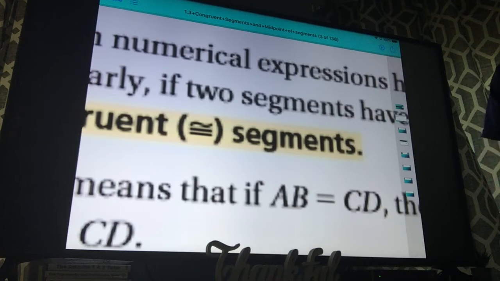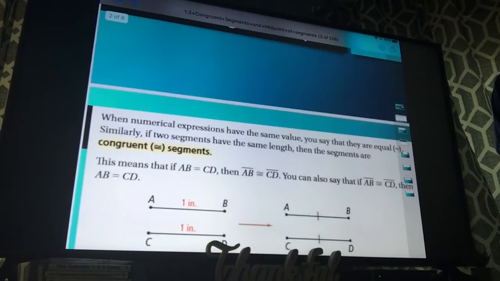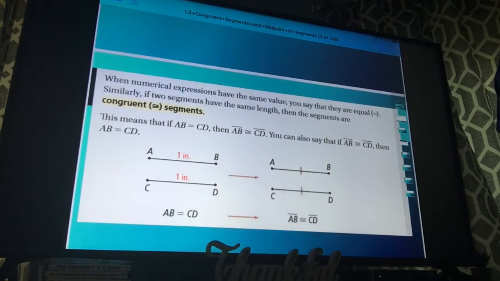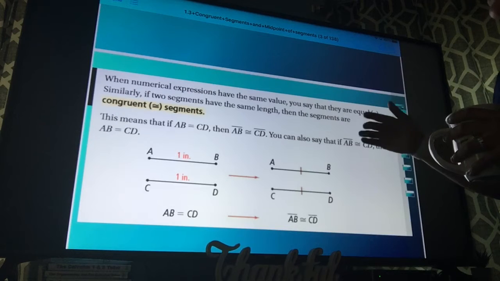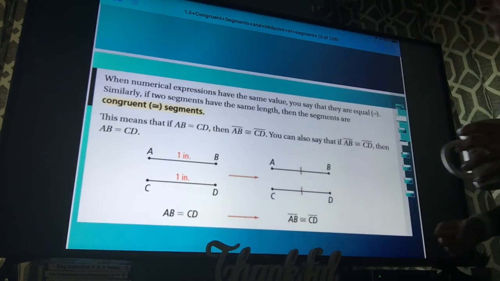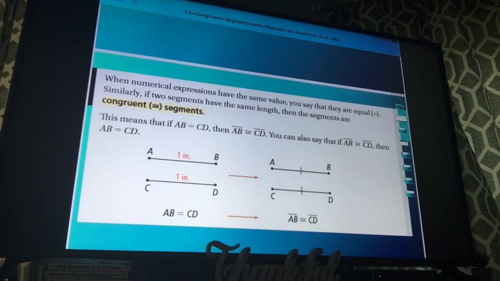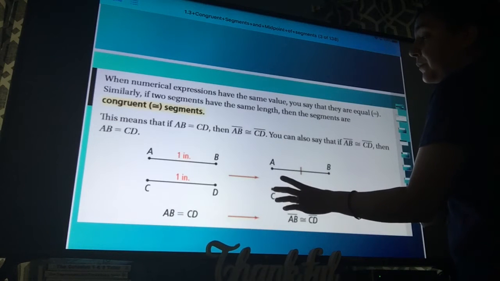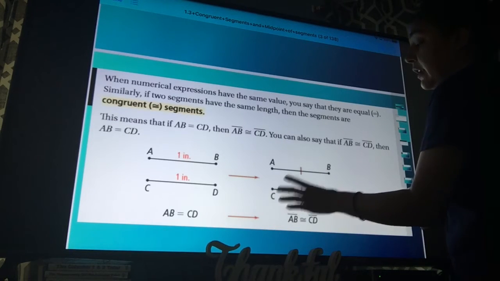I will hit you hard on this, because just because something's congruent, does it look equal? Does it look equivalent? Yes, it totally does. But is it actually equal? No. So it says that if AB equals CD, so if this one equals this one, they used equal, then you could say that segment AB is congruent to CD.